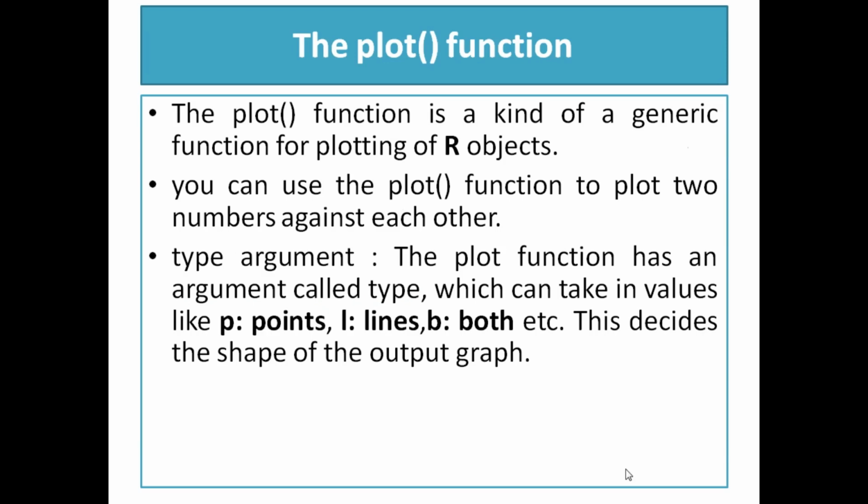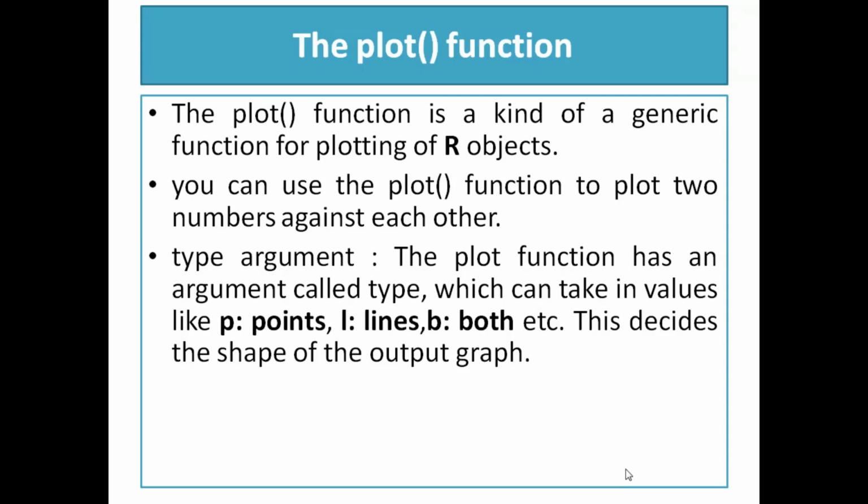Now coming to the basic plot function, the plot function is a kind of generic function for plotting R objects. We can use this plot function to plot two numbers against each other. Now there are different types of arguments in the plot function. One of the important arguments is type. If you take the value of type as p, it will just give you the points.